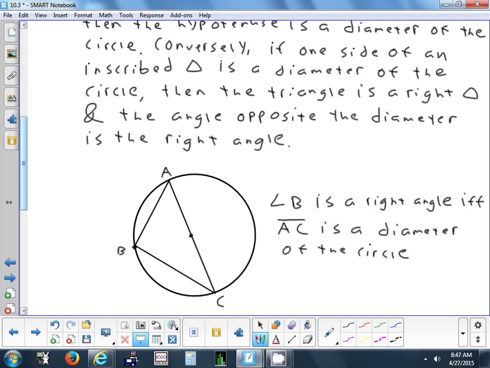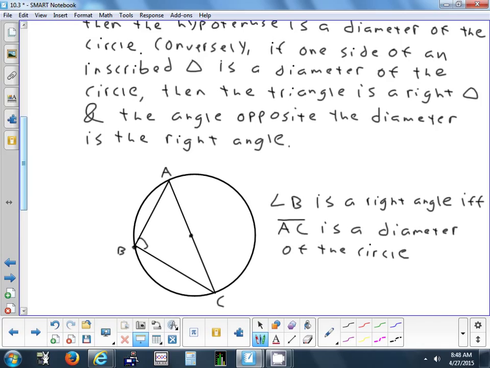Here's another picture. In this case, AC is the diameter. That means angle ABC has to be the 90. The 90 is always across from the diameter. Okay, any question on theorem 10.10?